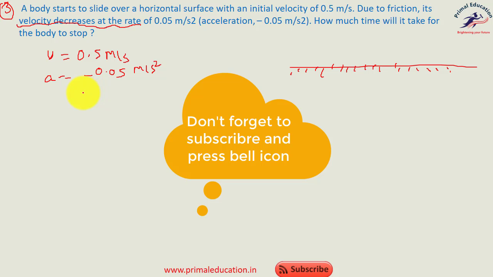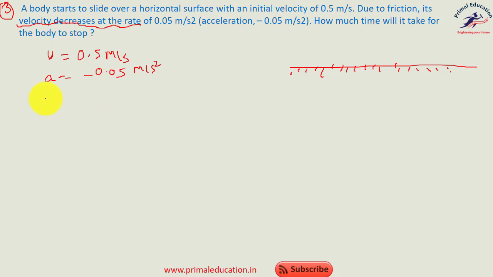So how much time will it take to stop the body? It means the final velocity is going to be 0 and the time needs to be calculated. So put all the information in the given equation and find the unknown. The equation is v equals u plus at. The final velocity is 0, the initial velocity is 0.5, minus 0.05, and time we need to find.